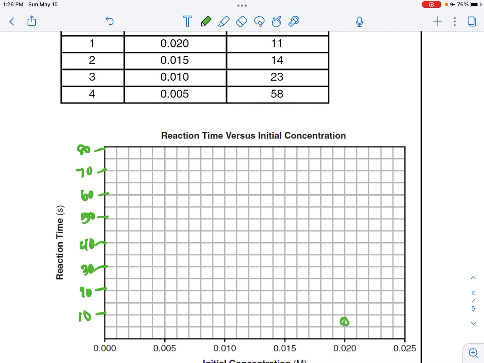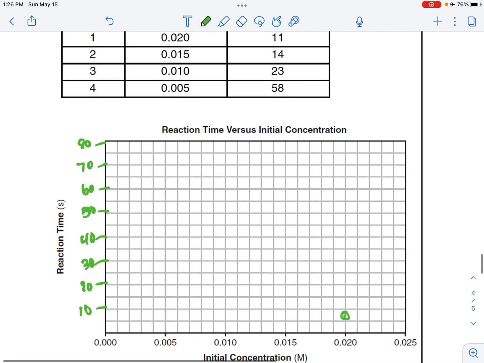Trial 2, 0.015, and that's 14. Okay. 0.010 is at 23. Oh, it should be maybe a little bit lower than that. And 0.005 is at 58. Something like that.